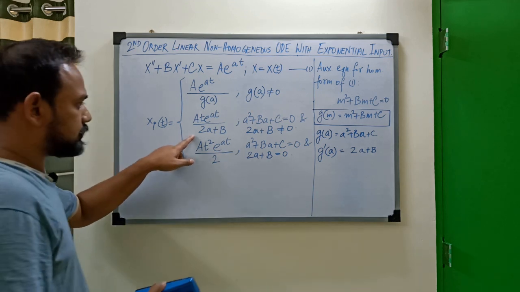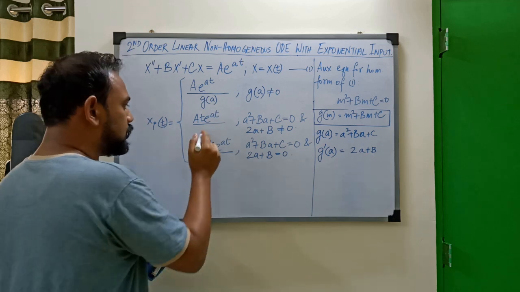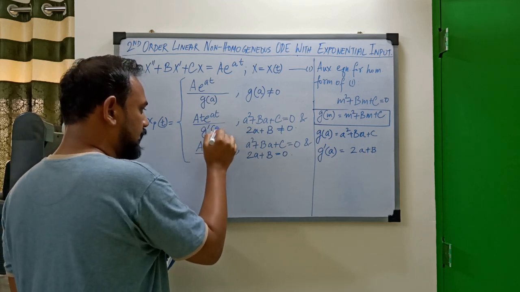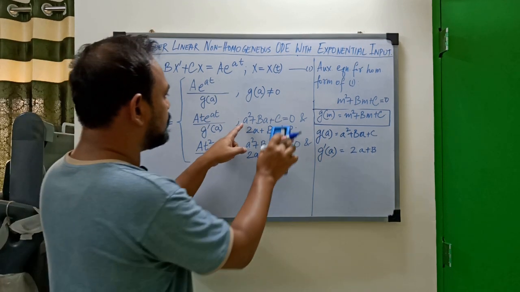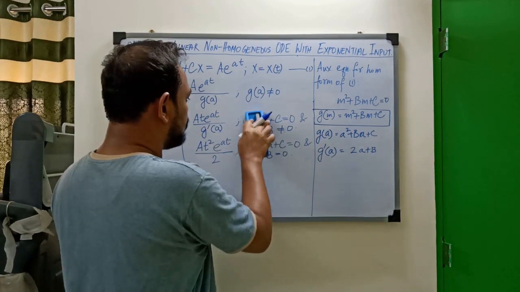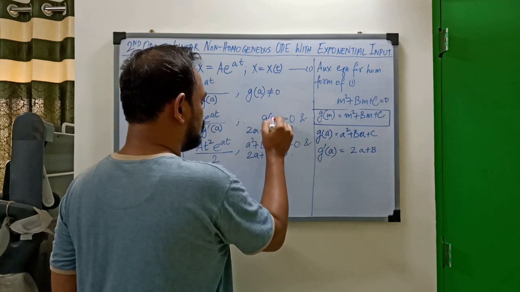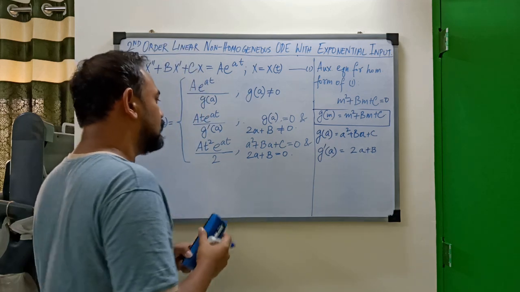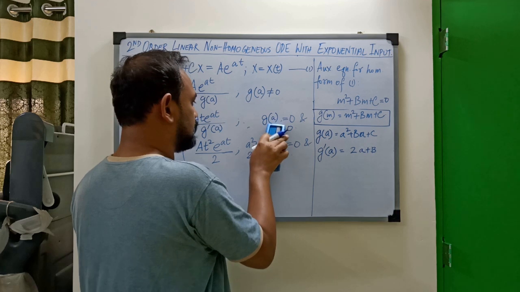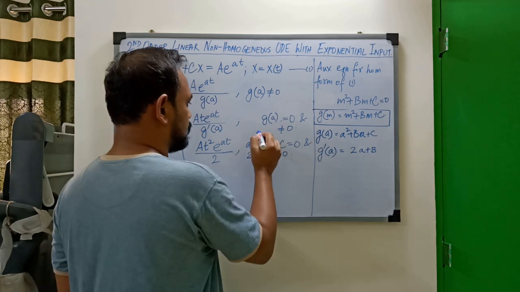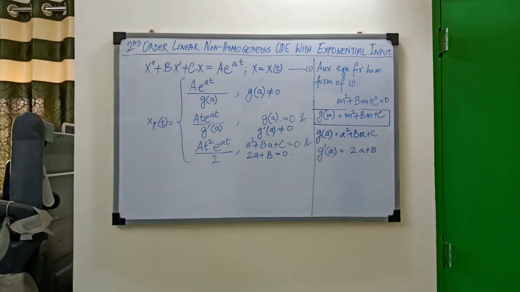So this is really g prime of a, and this is g of a, and g prime of a is not equal to 0.